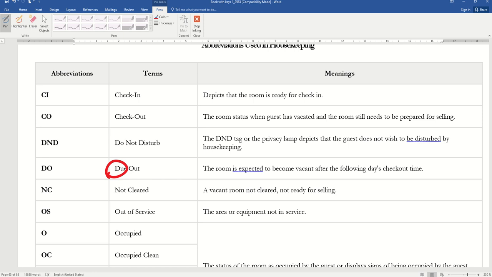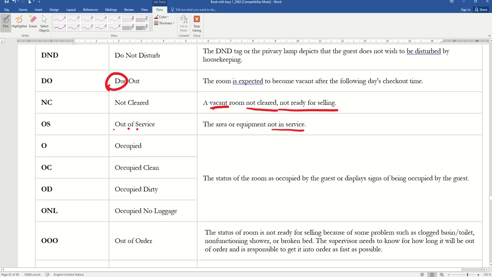NC, not cleared. Room is available but not clear, not ready for selling, not clean. OS, out of service. Out of service means not in use or not in service.